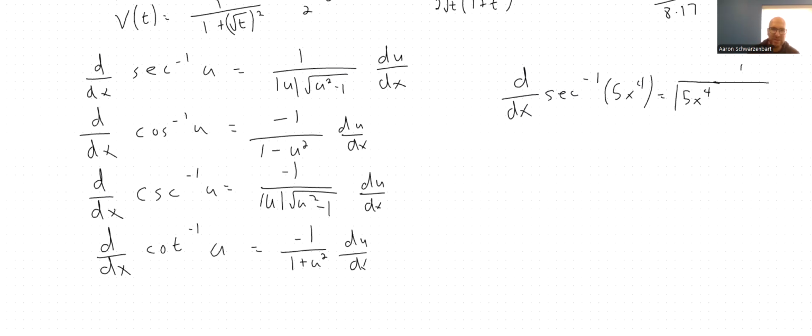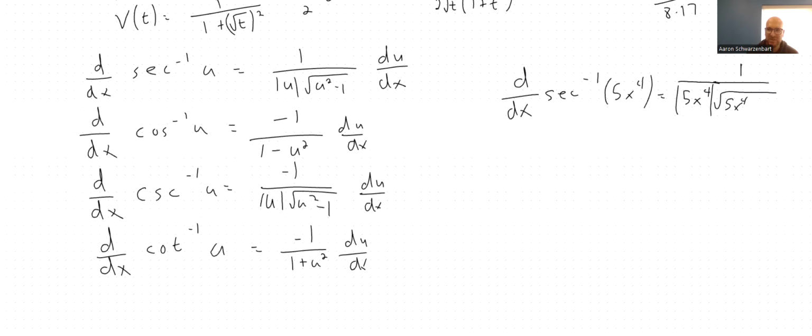I don't really need the absolute value because 5x to the fourth is always going to be positive. So because I don't need them, I'm not going to put them. Well, actually, I'll put them in and then we'll simplify this.